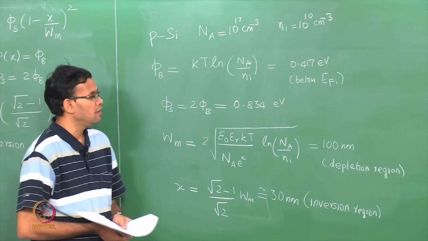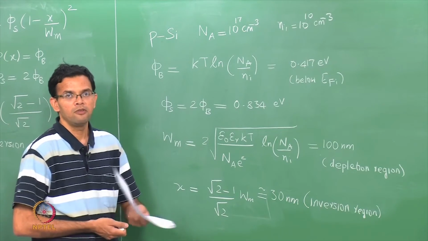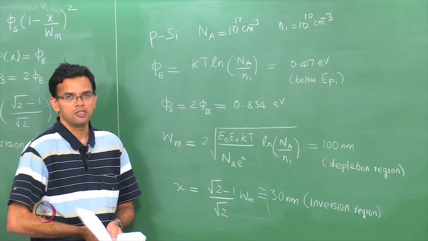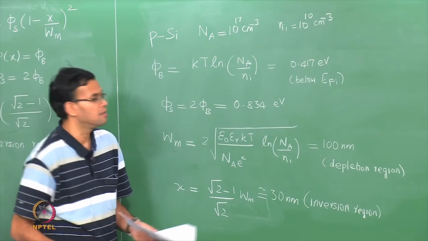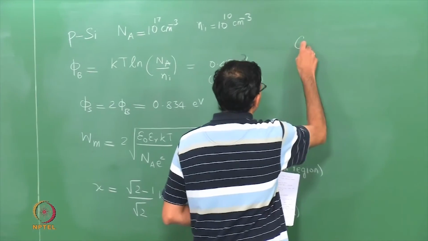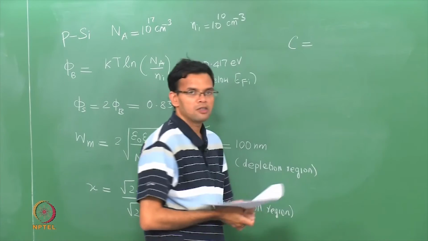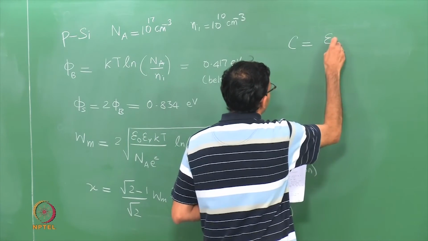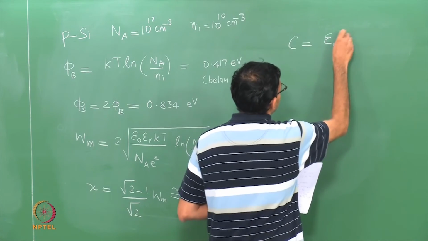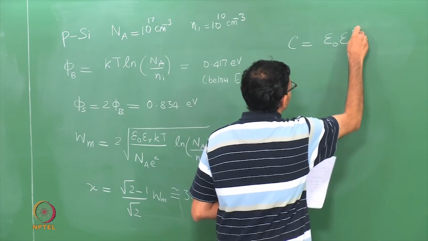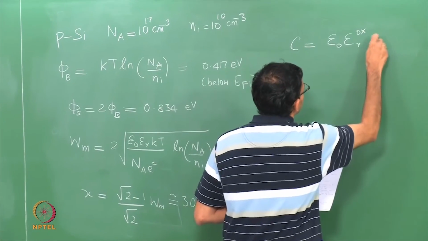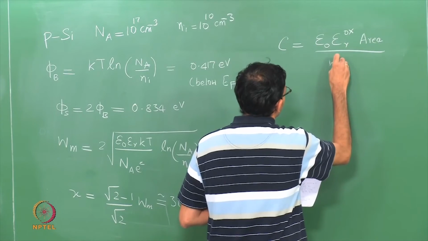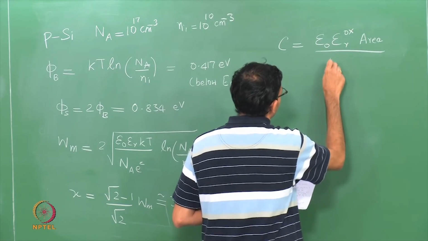So, one last thing before we end the MOSFETs: the oxide layer in the case of a MOSFET acts as an insulator. So, we can define a capacitance for the oxide layer or for the MOSFET, and the capacitance is nothing but epsilon naught epsilon oxide times area divided by the thickness of the oxide layer.